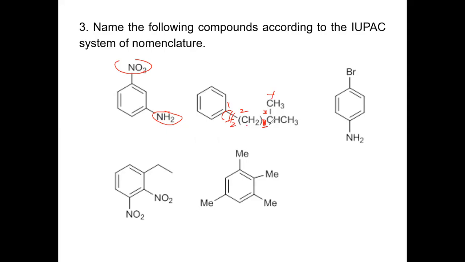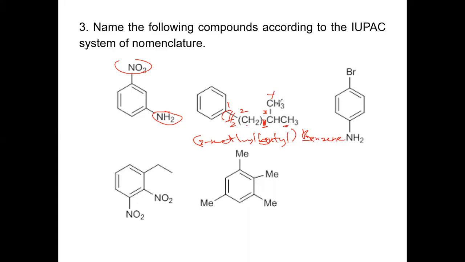Now on the third carbon, there's another substitution. So it means that is a substituent on a substituent, right? I'm sure Dr. Ponchiku has already taught us something like this. So this one will be 3-methyl, in brackets. So 3-methylbutyl, 3-methylbutylbenzene.